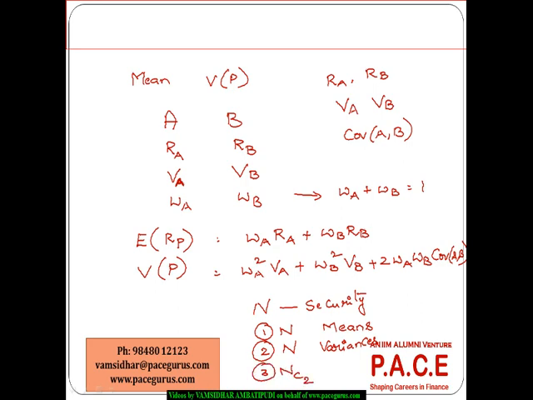So I require nC2 covariances because pairwise, which is nothing but n into n minus 1 by 2 covariances.